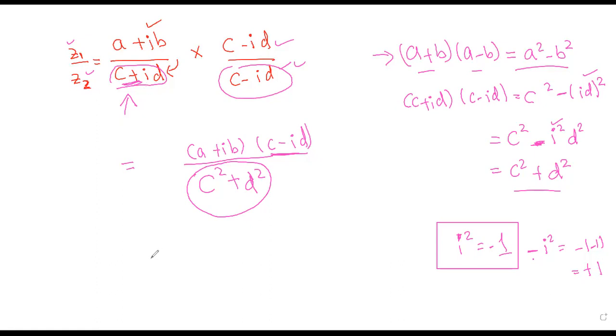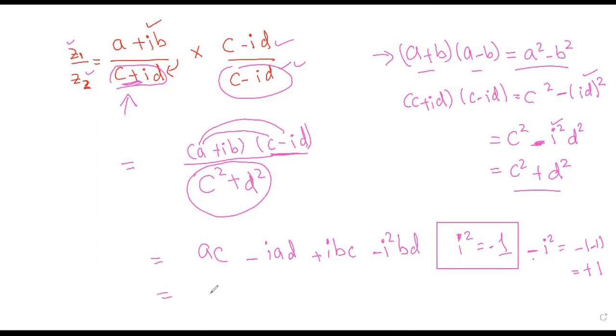Okay. So this basically is a into c is ac, minus a into iota d would be iota ad. Well, we are done with the ac thing. Then we have plus iota bc, and then we have minus iota square b into d.